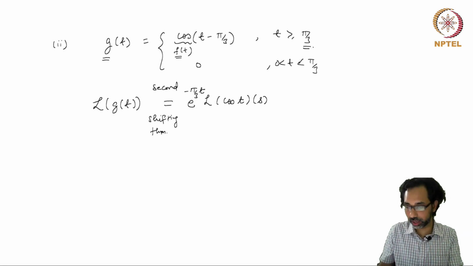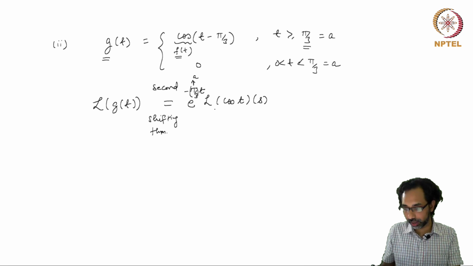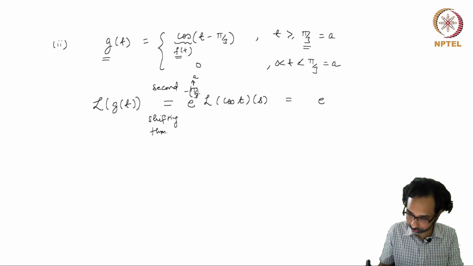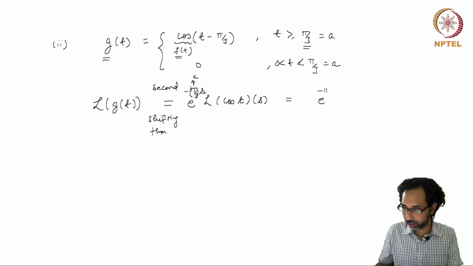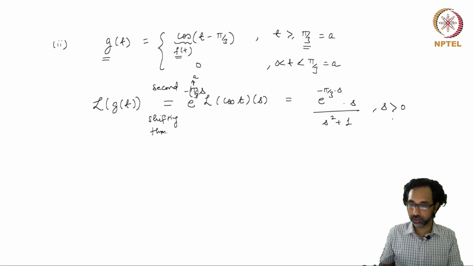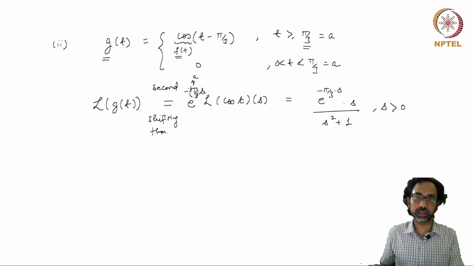So this is the a in the second shifting property, and we know the Laplace transform of cos of t. So in the end we get e to the minus pi by 3 times s, times s over s squared plus 1, and here the region of convergence is simply s greater than 0. So we have applied the second shifting property for this example.